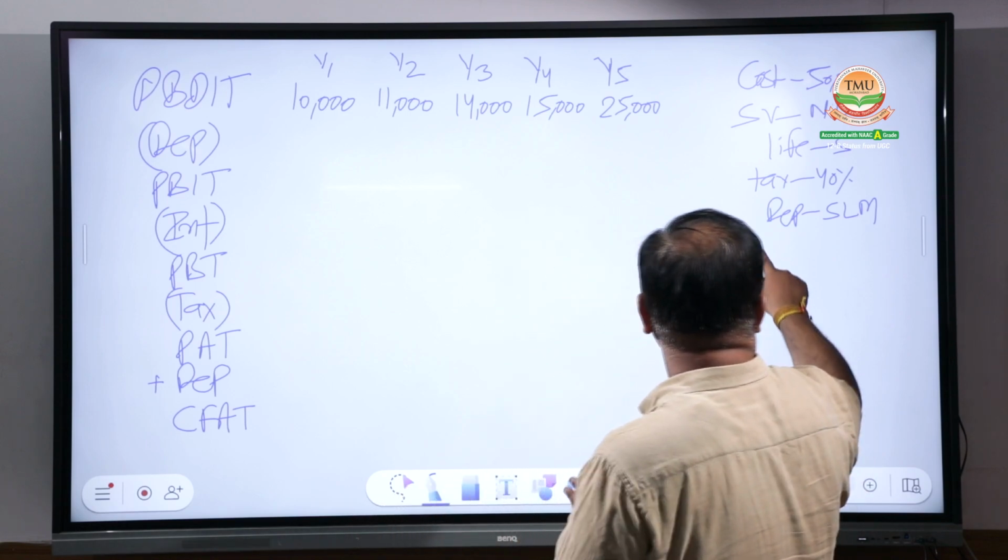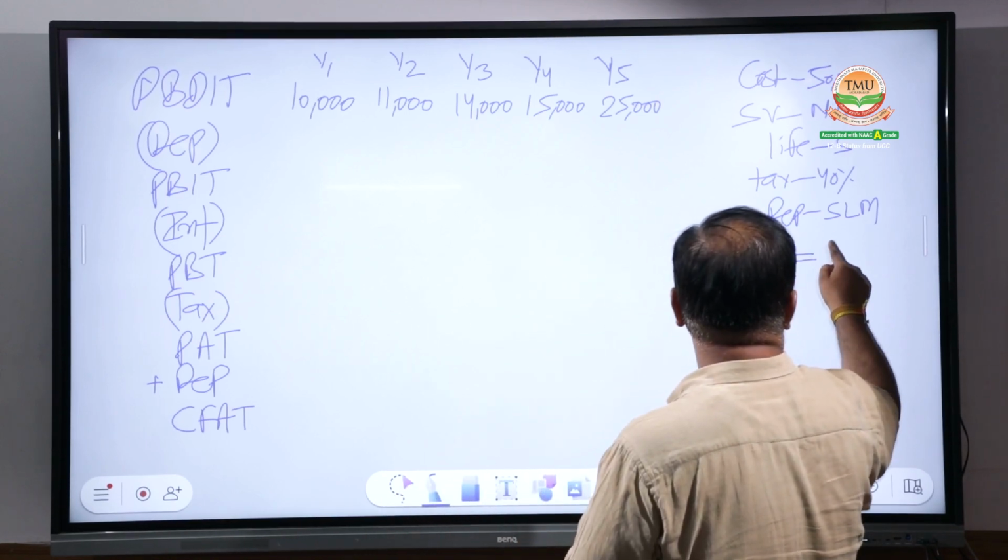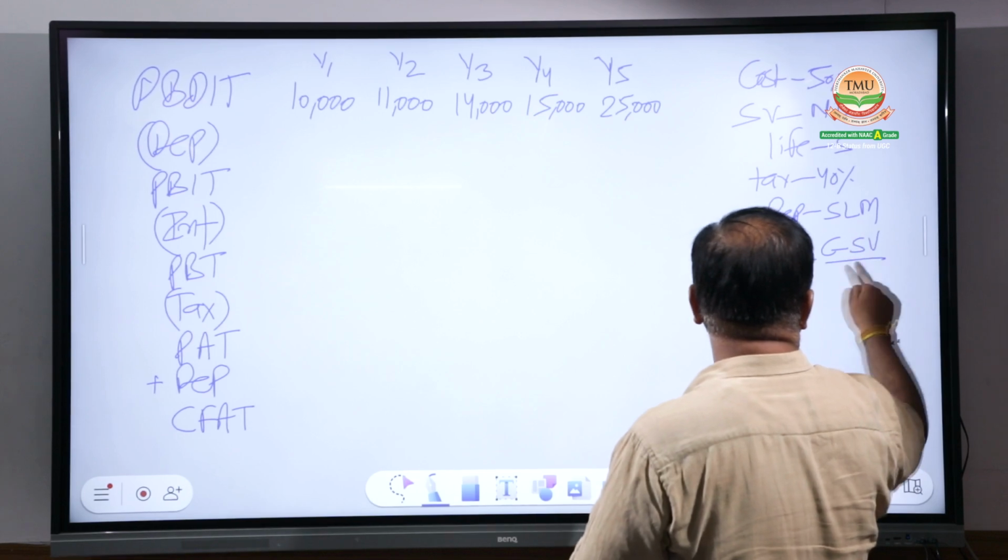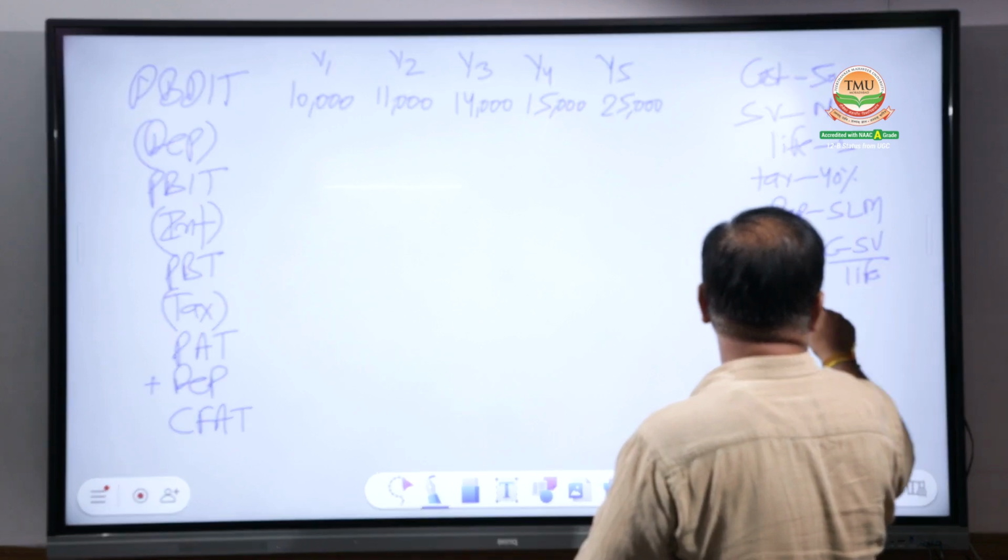Amount of depreciation will be cost minus scrap value divided by life.